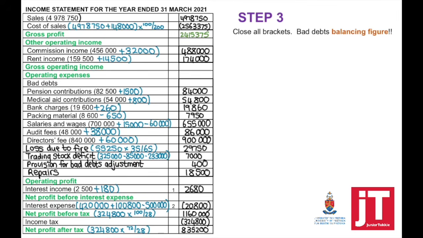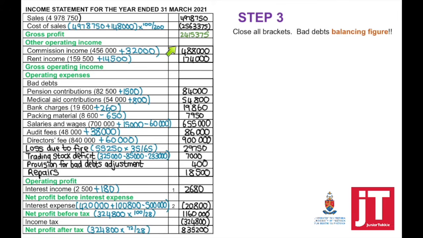Once we've now calculated all the final amounts and we've shown the amounts in our income statement, we can look in solving the rest of the missing amounts. So starting at the top, what can I solve? I know that sales minus cost of sales equals gross profit. I can calculate the operating income.